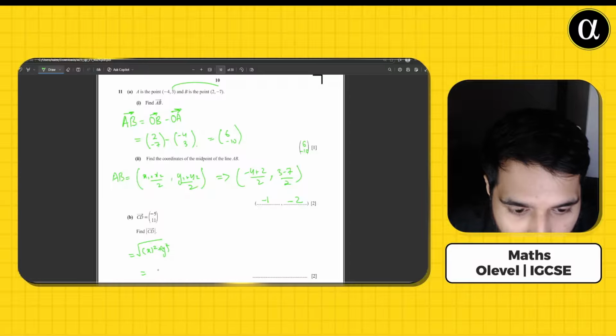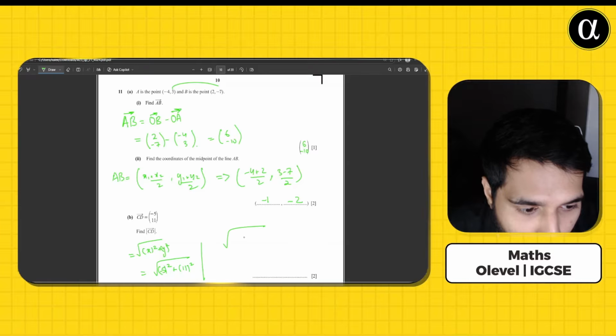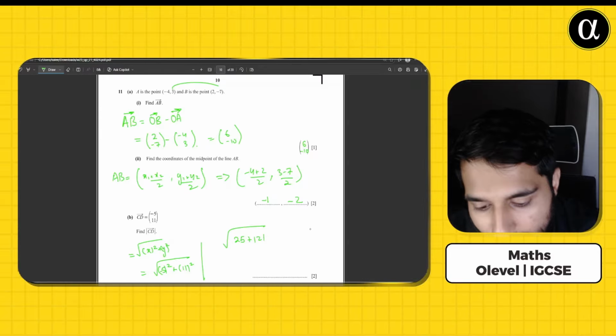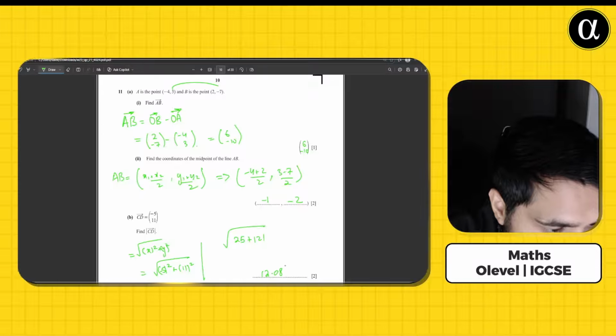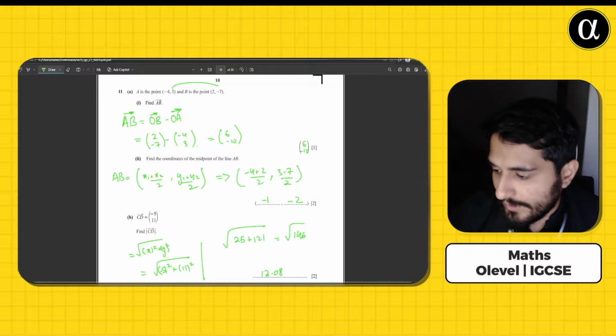So it's going to be the root of minus 5 squared plus 11 squared, and that should give me root of 25 plus 121. That gives me root of 146, which is 12.08.